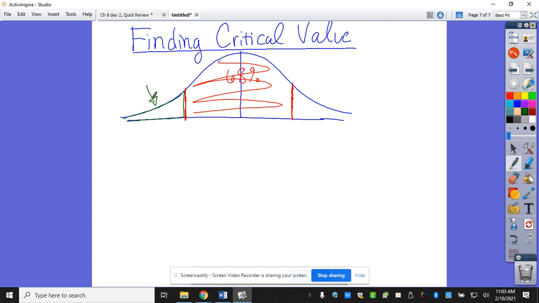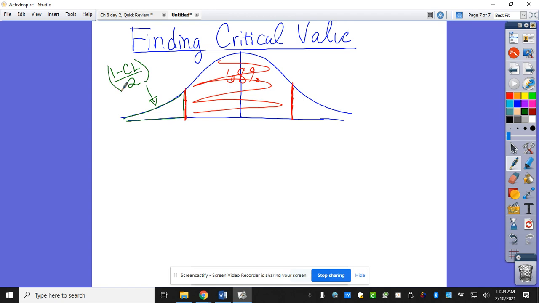Mathematically, if 68% is shaded, how do I figure out what is not shaded? Complement. So 100 minus that, or 1 minus 0.68. So I'm doing 1 minus my confidence level to get these together. But if I only want one of them, I divide by 2.